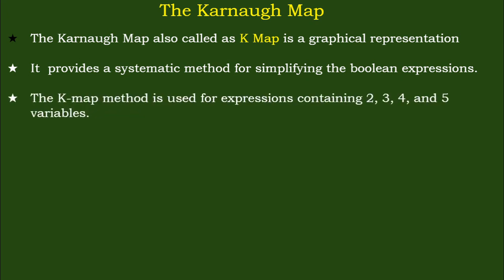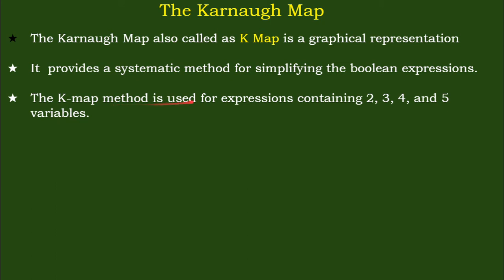The necessity of simplification is that if the simplification is done, we can implement the Boolean expression using a minimum number of gates. So that will minimize the burden on the components as well as the speed will be increased. When you design a circuit with the Boolean expressions implemented, there we can see this difference.